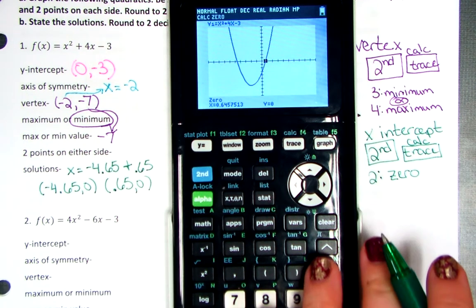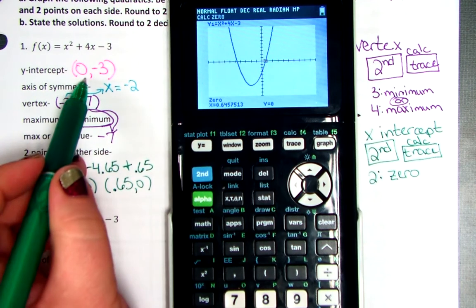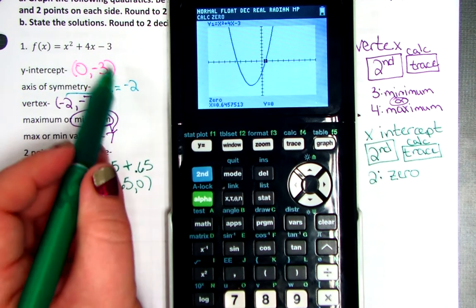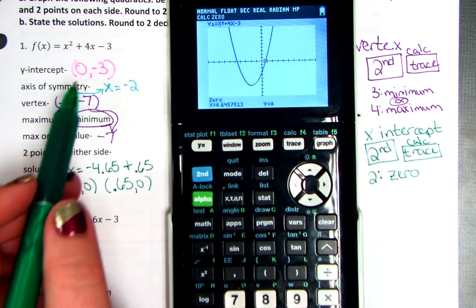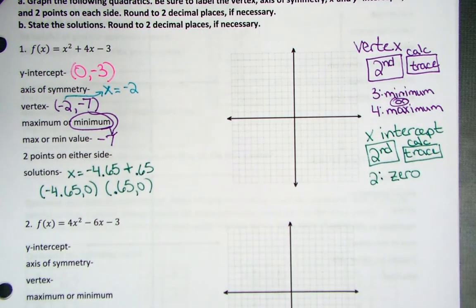So now we have 1 point on either side from the x-intercepts, and we also have 1 point on the left side from the y-intercept. So our second point on the right side will come from actually graphing this and mirroring our y-intercept over the axis of symmetry.